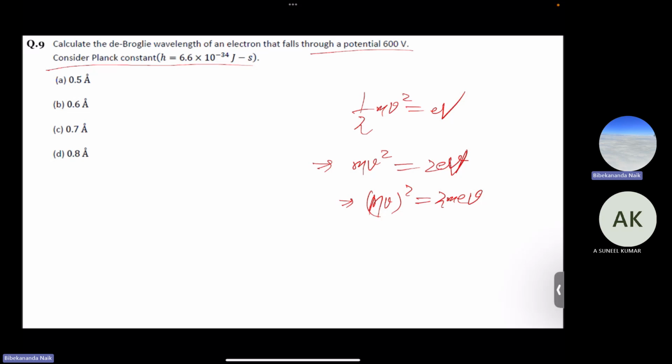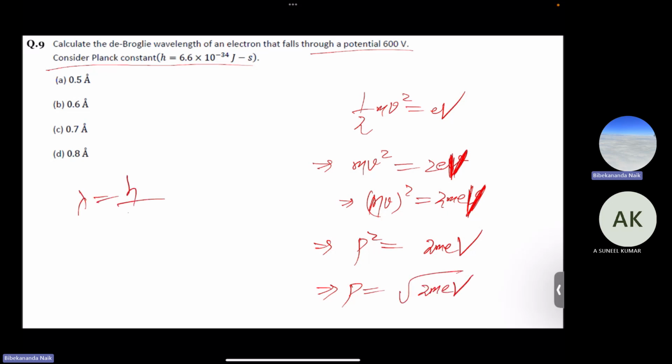This is not small v, this is capital V. Then this is p square is 2meV. So p is root over 2meV.